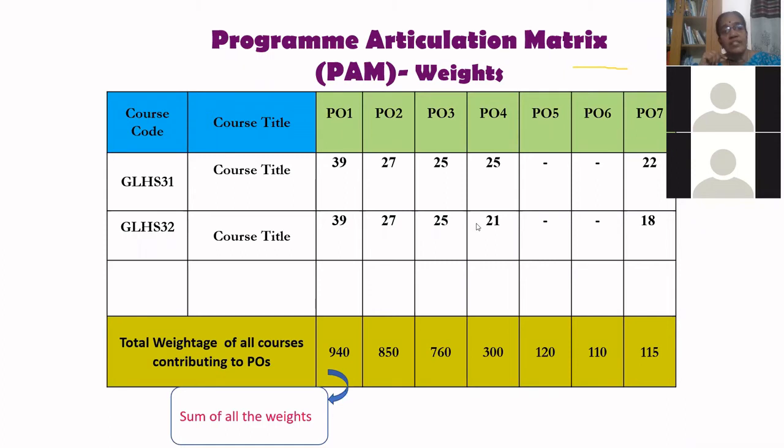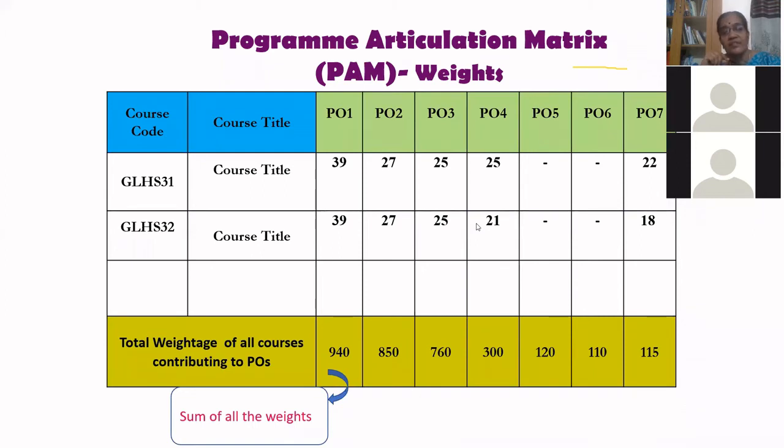In all the 6 semesters, what are the courses studied by the student? I have put the weights under PO1 to PO7 and get the total weightage of all courses contributing to this PO. So I will be calculating the column sum of all the weights.